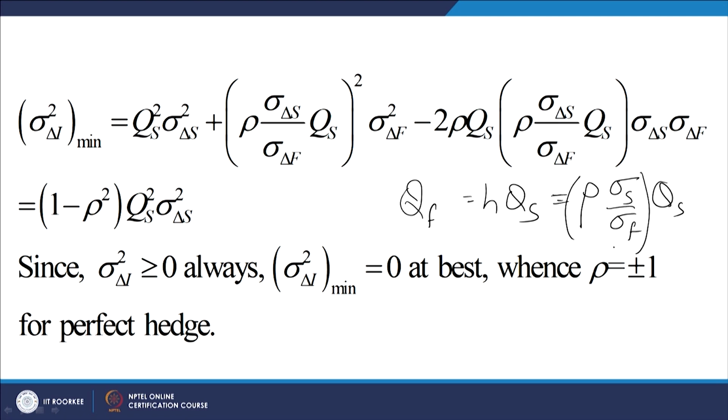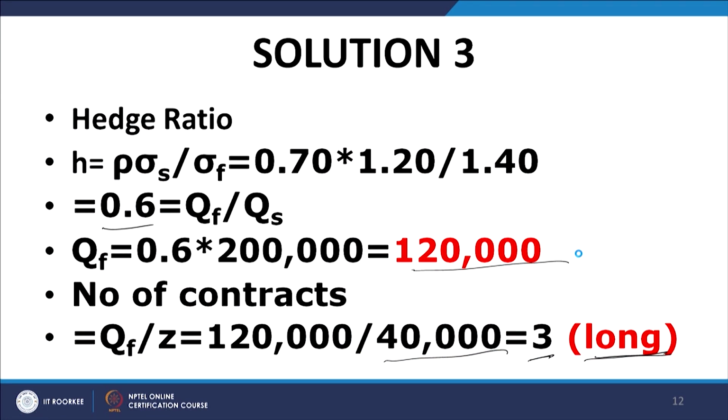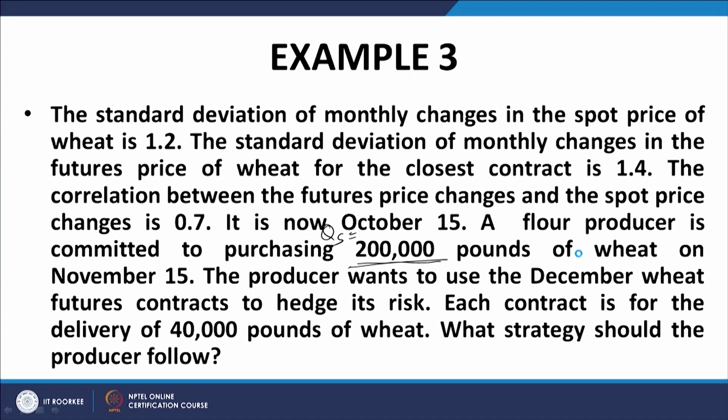You substitute this value of QF in the expression for the variance of the hedged portfolio. Let us go back to that. Let me clarify which equation I am talking about.